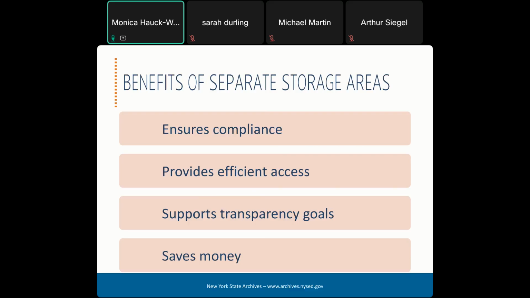As with many things in records management, there are many reasons to consider storing inactive records in specifically designed and selected spaces. For example, maintaining separate storage spaces helps ensure compliance. By moving inactive records to a space designated for and limited to their storage, you're creating an opportunity for records management staff to be more involved in their management and to implement standardized description and tracking of those records.